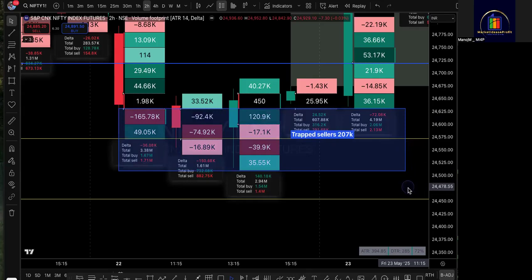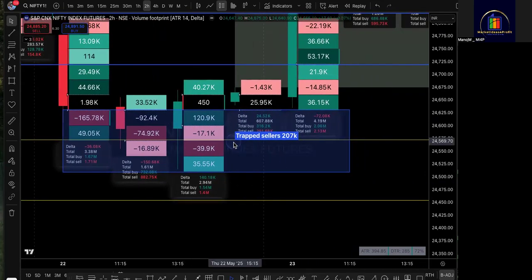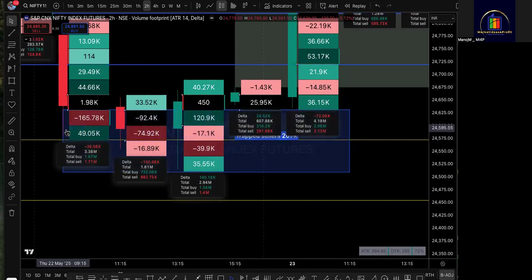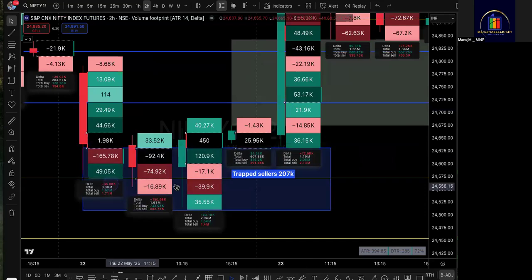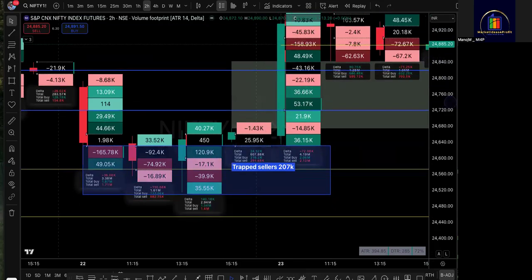When I calculated all of them, there were about 207,000 net negative delta in the last three candles at the lower end of it. That meant when the price closed higher, these guys were all trapped. And the market opened higher today in the morning, all these guys who were trapped will have to cover their shorts and take stop losses, and that would catapult the market higher.